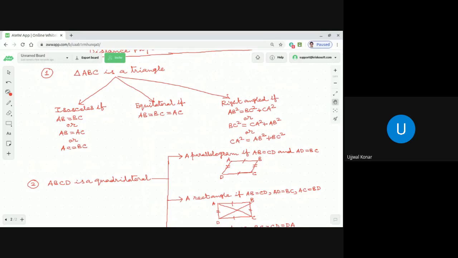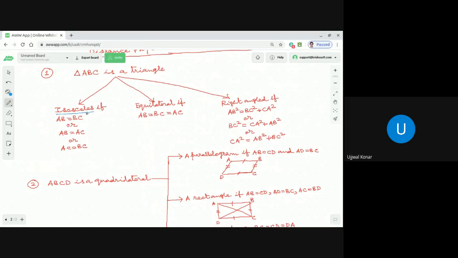As we said before, if ABC is a triangle and you know the coordinates of the points A, B and C, you can find the lengths AB, BC and CA. If you see that either AB is equal to BC or BC is equal to CA or AC is equal to BC, then you can say this triangle is an isosceles triangle.